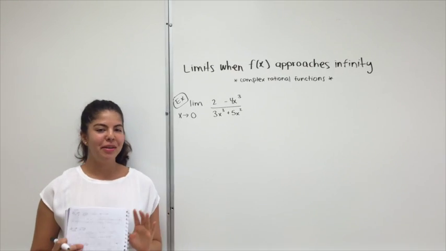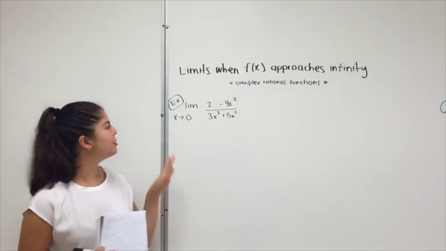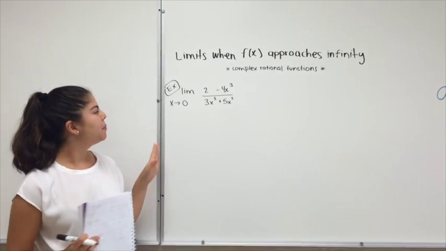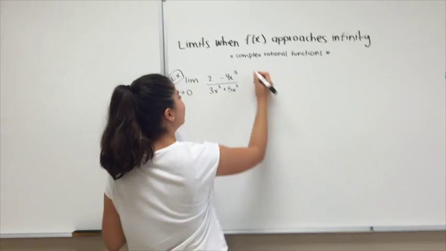We're going to find limits when f of x approaches infinity with complex rational functions. So this is the first example. First you have to substitute 0 in the equation.